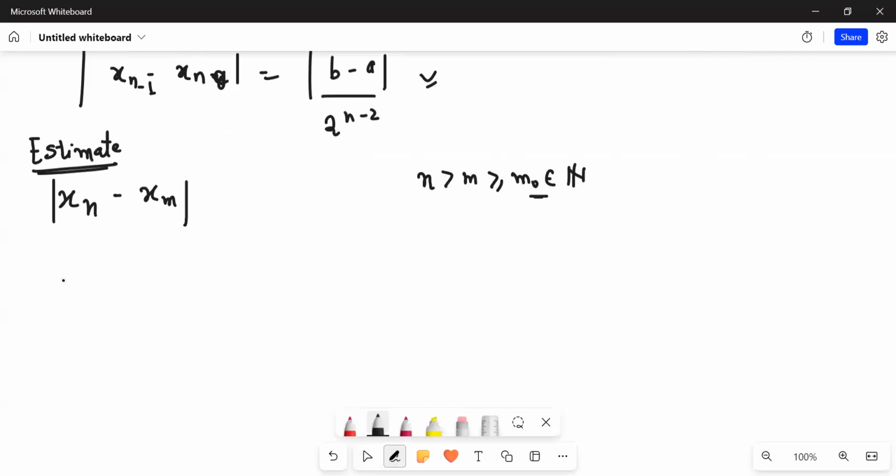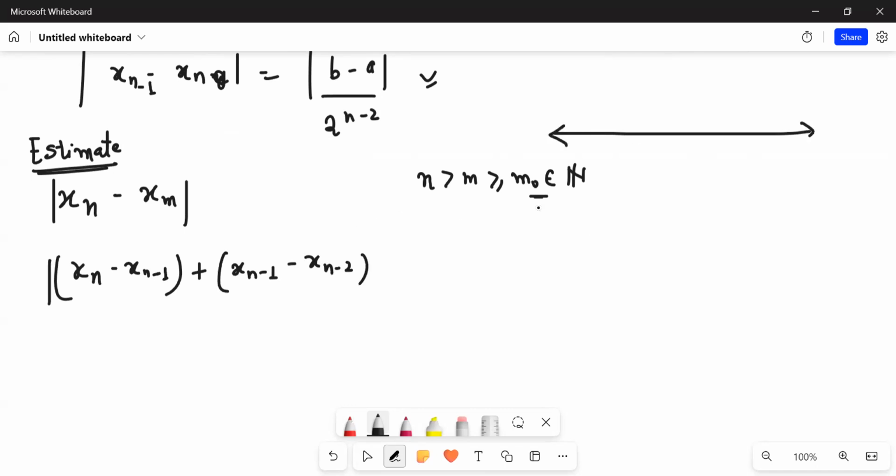Now I'll play a trick. I'll write xn minus xn minus 1 plus xn minus 1 minus xn minus 2, and I'm writing it for you here, n is greater than m.